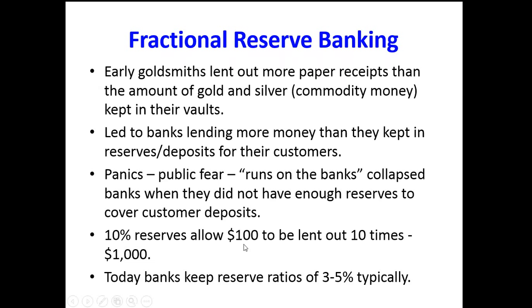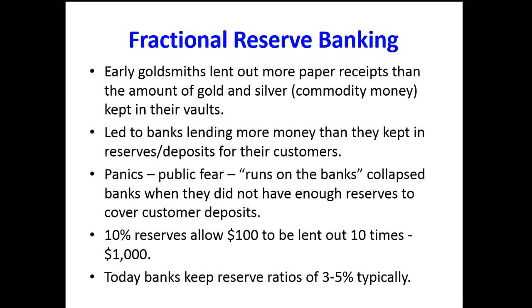So that meant if you had $100 in gold and silver, you could lend it out 10 more times. You could make some interest off of that. Today, our banks only keep reserves of 3 to 5%. A lot more I could say on this, but I just want you to know fractional reserve banking was formalized with Neptune in Pisces.